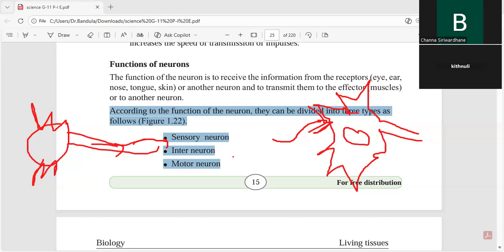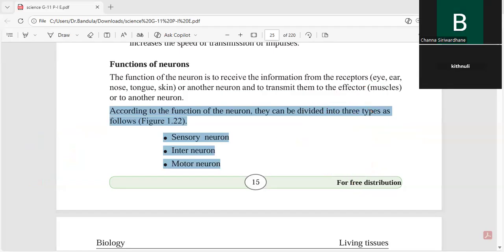Right. A good picture is here. Much complex.